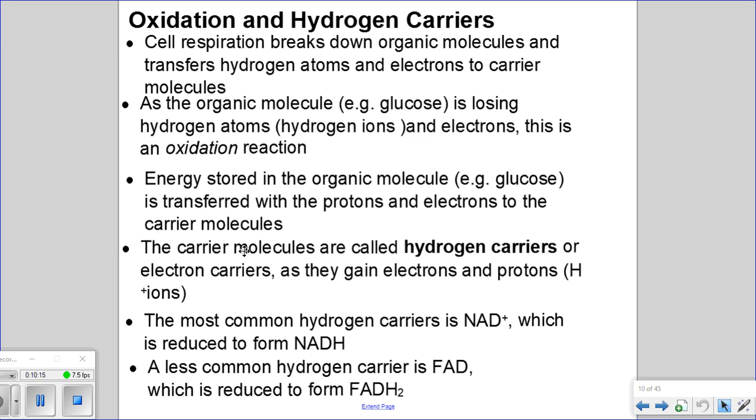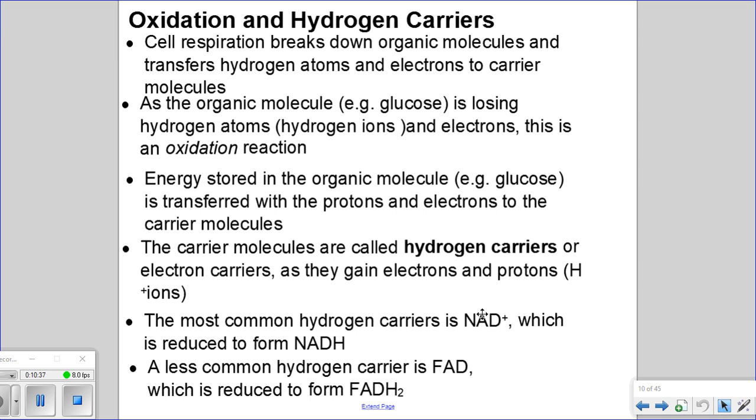Now, the carrier molecules are called hydrogen carriers or electron carriers as they gain electrons and protons, those hydrogen ions. The most common hydrogen carrier is a molecule referred to as NAD+, which is reduced to form NADH. So there's two forms of this molecule.